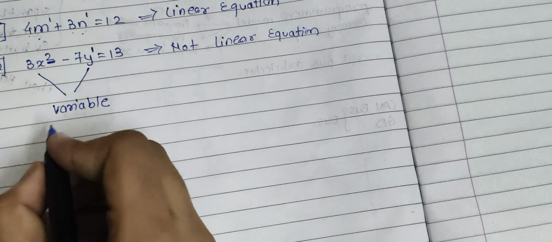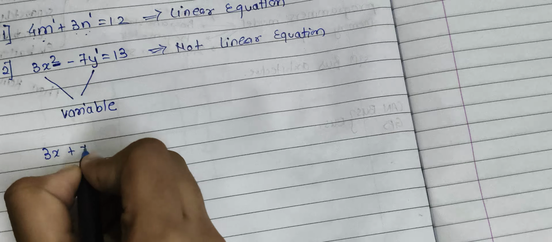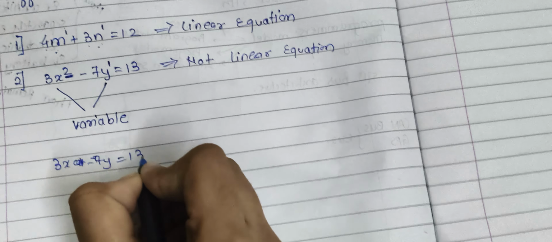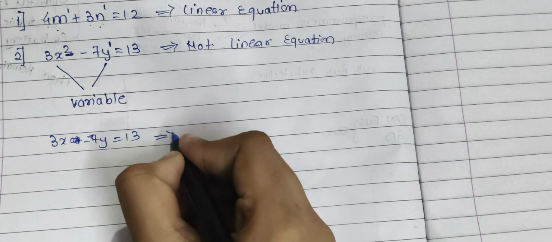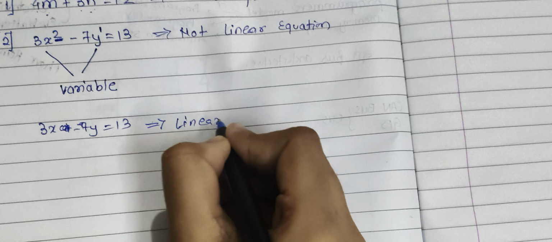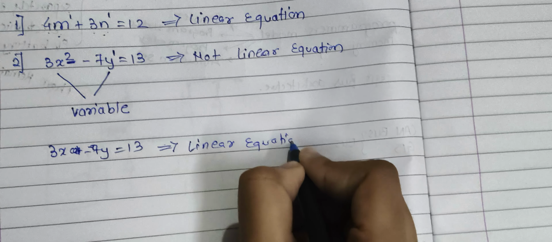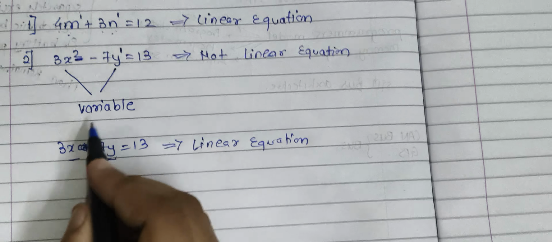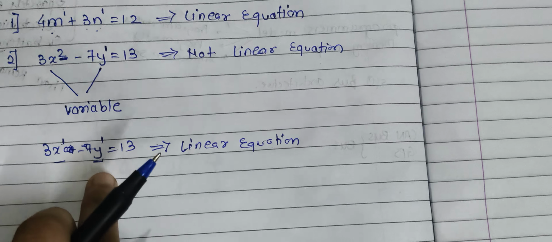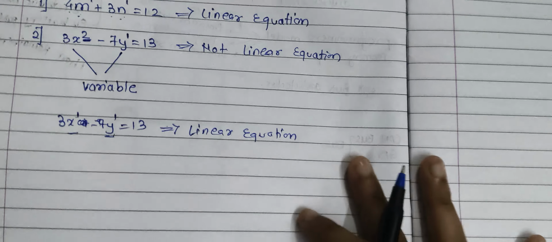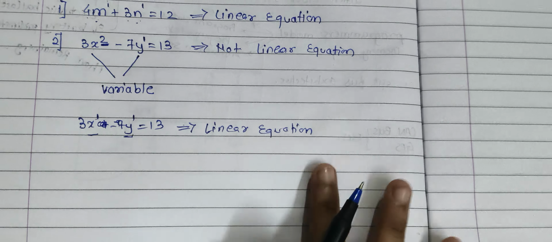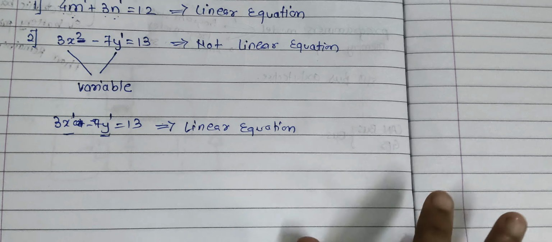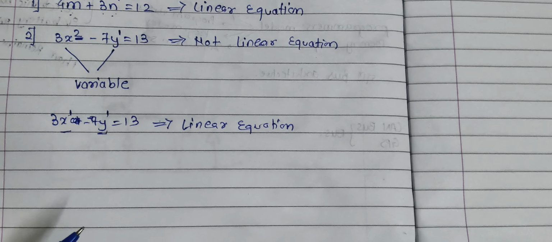If this equation was 3x minus 7y equal to 13, then it was a linear equation, because it contained two variables x and y, and each variable has degree 1. So if you have a question to check whether the equation is linear or not, it is very important to know the number of variables, also the degree of variables.